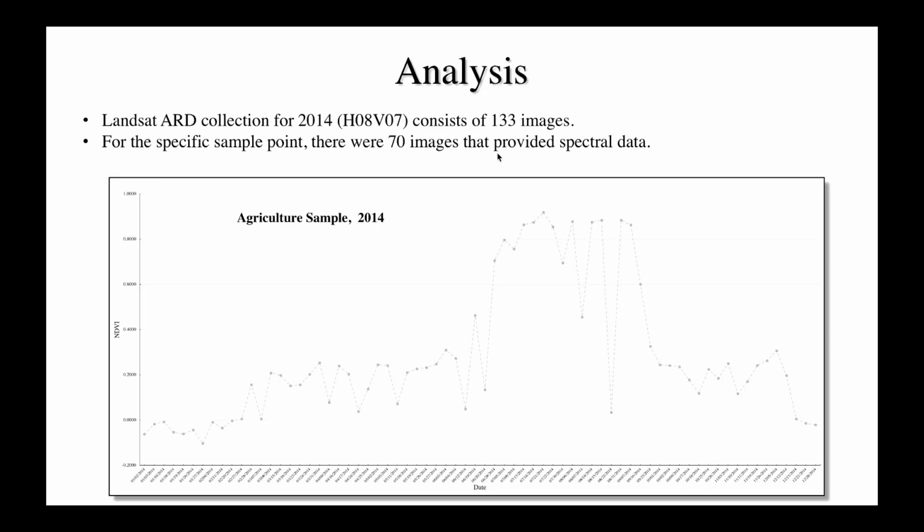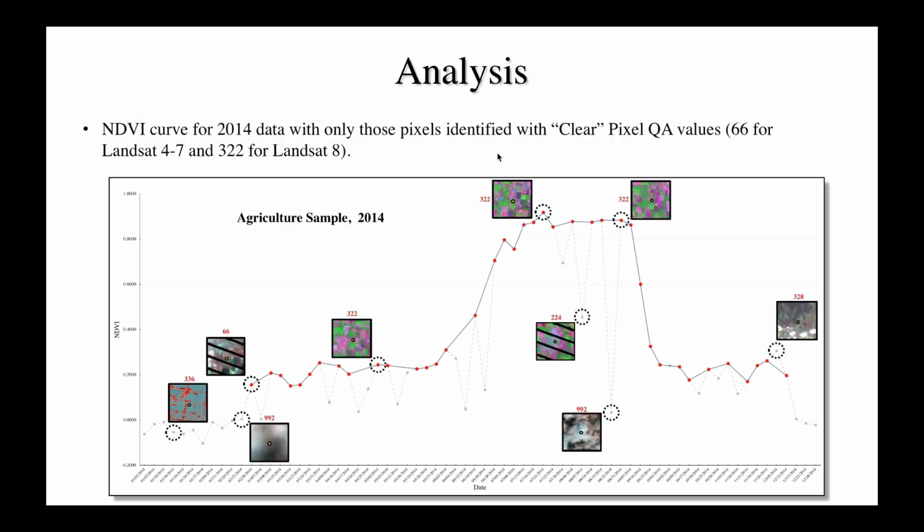And if I just select the pixels that have quality estimates of 66 and 322, so clear pixels, this is what I get, the blue line with the red dots. So you can see with the little insets that I made that this image is snow covered. That's this image here.